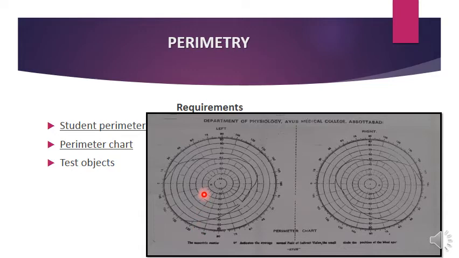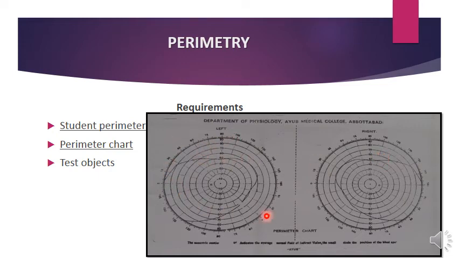Another type of marking is here, a small circular dot which represents the location of the physiological blind spot. This is in each part, for the left eye and for the right eye separately.